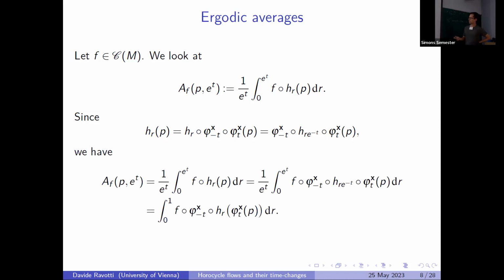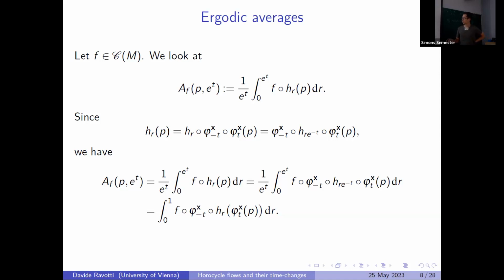So what is this telling me? If I take this and plug it back into this formula here, in the ergodic averages, instead of h_r of P, I plug this formula in. Now I do a change of variable. This r times e to the minus t, I will call r prime. This factor gets eaten in the change of variable formula.